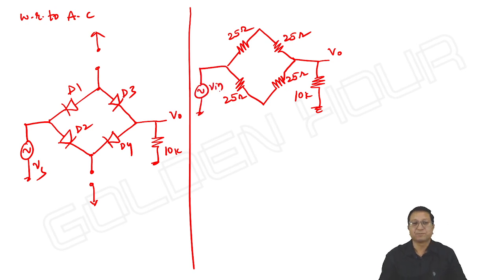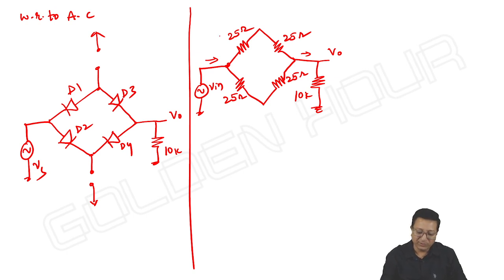V input. Then if you see again from this direction to this direction, it's a balanced bridge. And in a balanced bridge, if all resistors are equal, it can be represented by a single resistance equal to the resistance offered by a particular R, so 25 ohms. In networks, we are well aware of it.